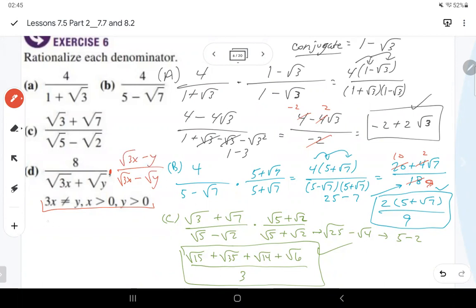So that's going to give us 8 square root of 3x minus y square root of y over, and what you need to realize is that the middle terms cancel out, the square roots drop, so it just ends up being 3x minus y.